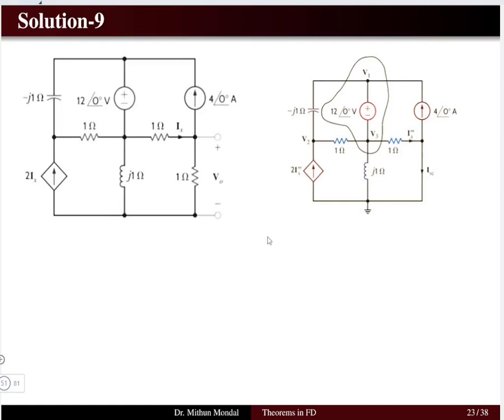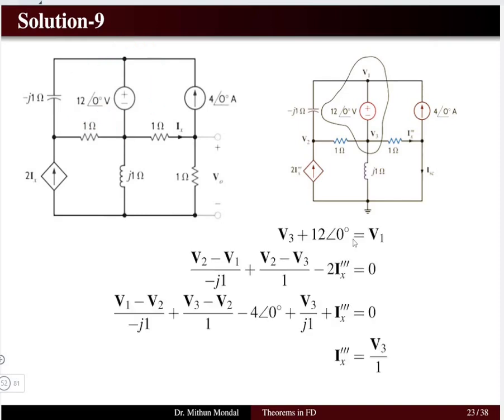Now we can see that a voltage source is coming between two meshes. So there we will be applying the concept of a supernode. Here we have to determine the unknown nodal voltages, that is V1, V2 and V3.